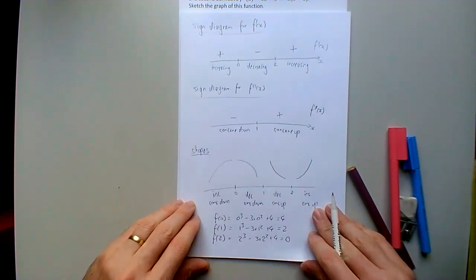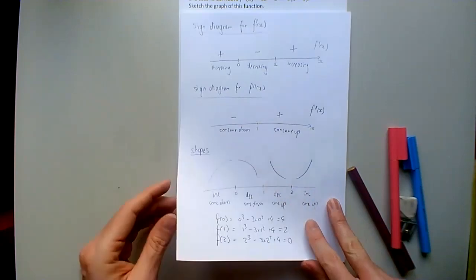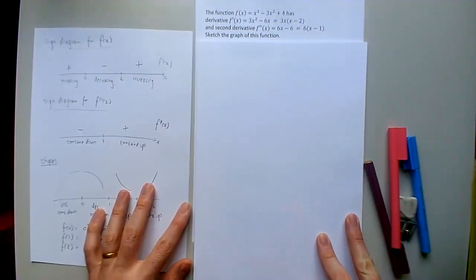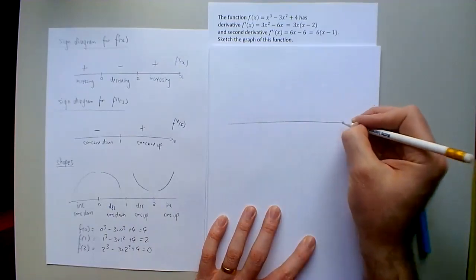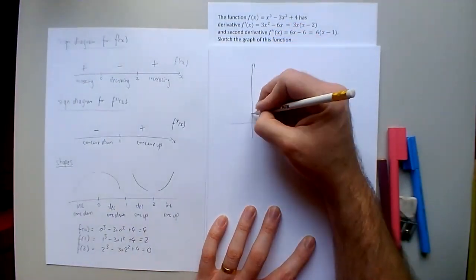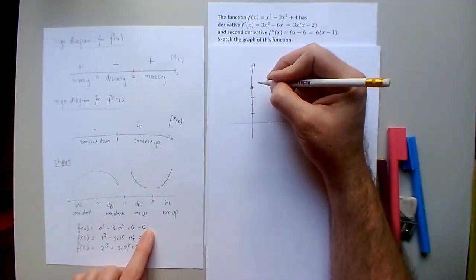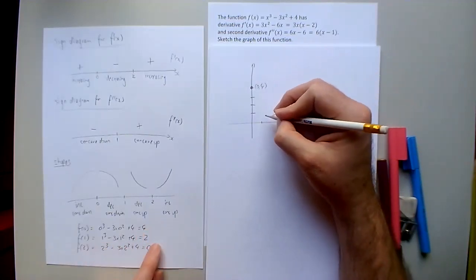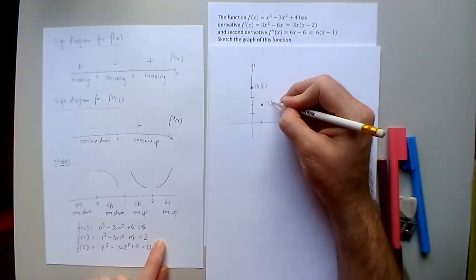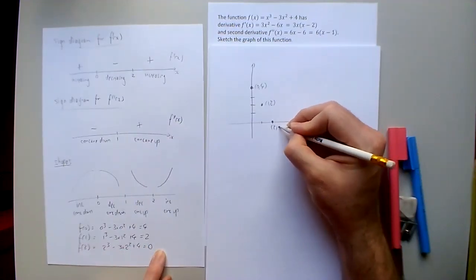Okay, so I can now locate where exactly all of these points are where these shapes change over. So let's see. 1, 2, 3, 4. 0, 4 is that point. And then 1, 2 is that point. And then 2, 0 is that point.